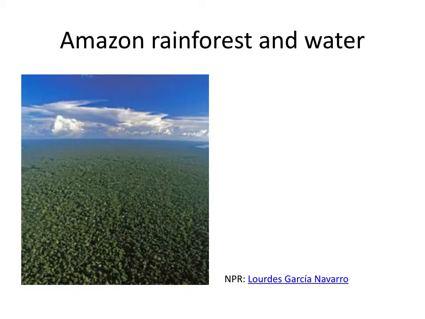This is NPR's Lourdes Garcia Navarro, and she just got back from an extensive period in the Amazon, and I highly recommend following the link that's on this slide to hear the rest of the stories. There are a lot of social and agroecological principles that are kind of mentioned tangentially in these stories that you'll be able to perceive. Now please listen to this little segment.